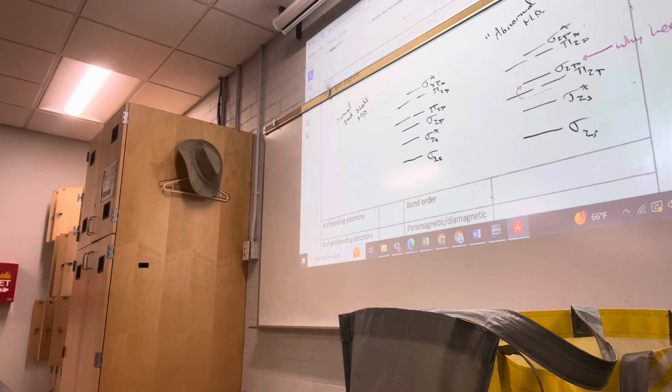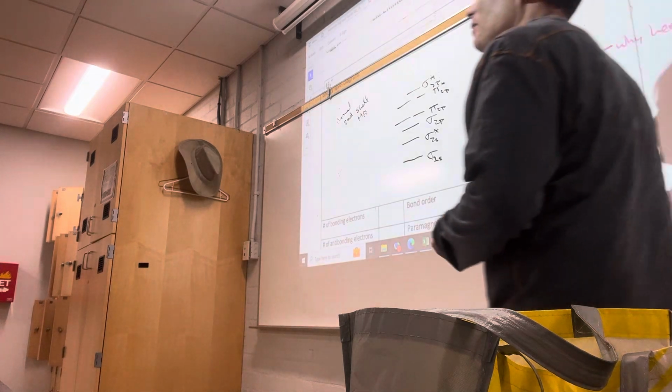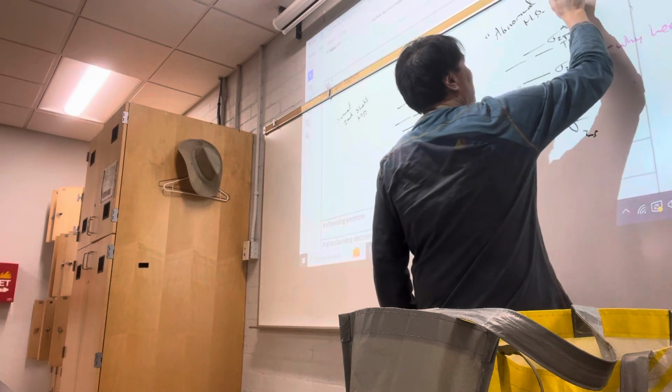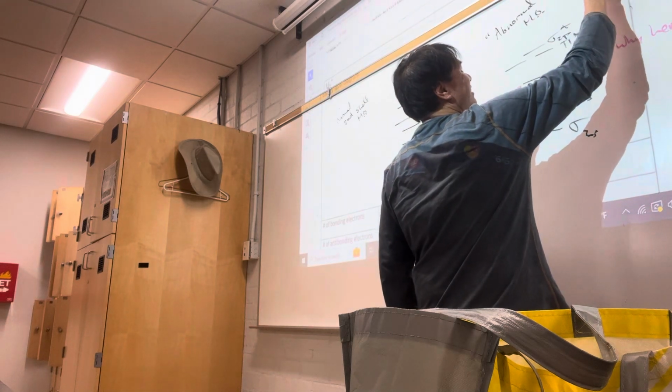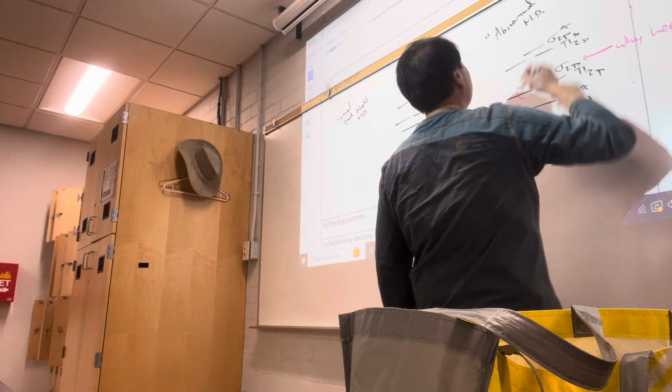I don't know why, but there's something about being in lithium through nitrogen that you have to do the abnormal MO, right? Right. The abnormal, that's correct. From lithium to nitrogen, we use the abnormal diagram.